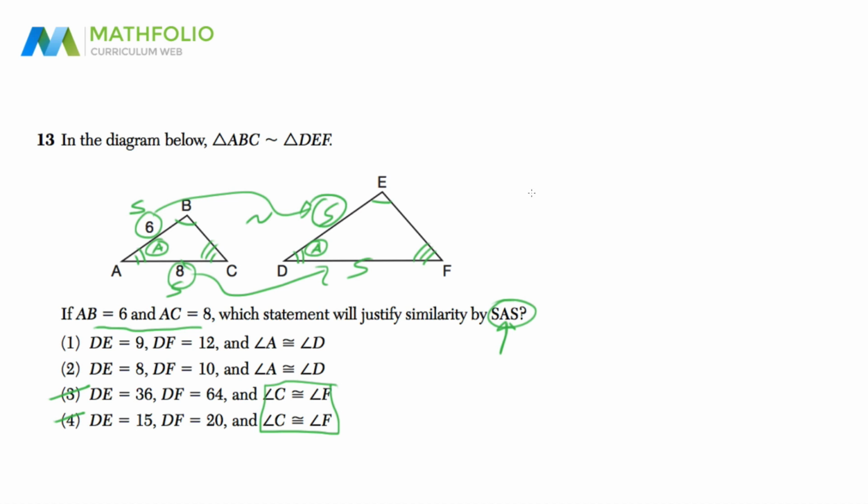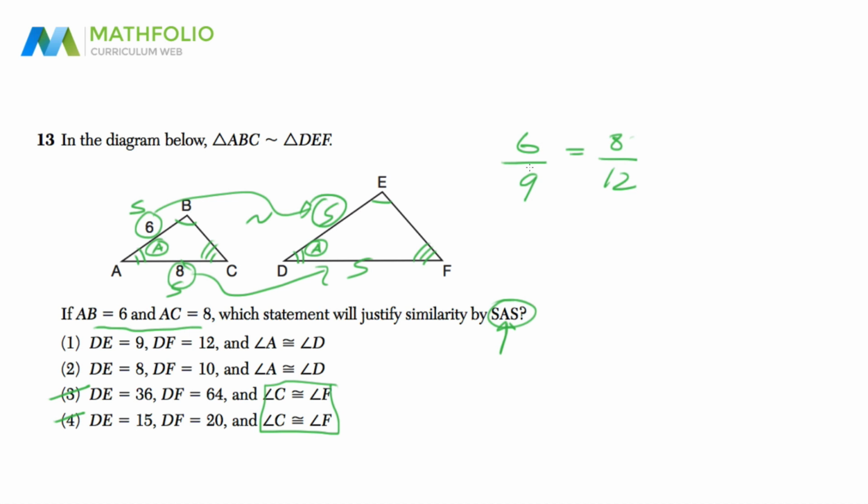So basically, if DE is 9, that means that 6 compares with 9 as 8 compares with 12. And let's see if this is true.